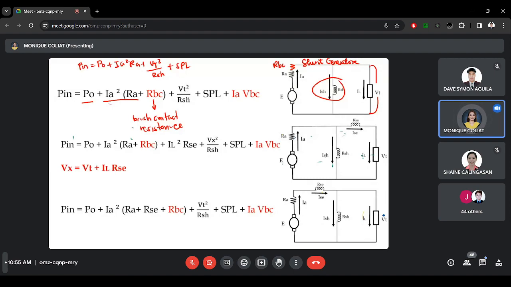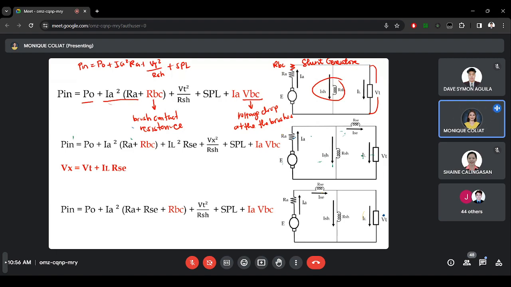Plus SPL plus the IA times VBC. What is VBC? VBC is the voltage drop at the brushes. If the voltage drop at the brushes is given, you will include it also, and you will multiply it by IA because the brushes are in series with the armature.